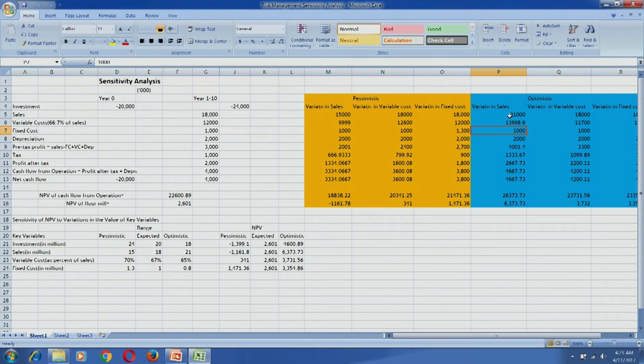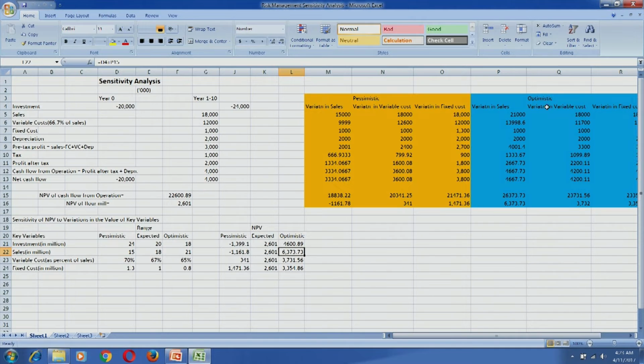Fixed cost, depreciation, pre-tax profit, tax, profit after tax, and this is your cash flow from operations, and finally this is your NPV 6373, right, this one, isn't it.